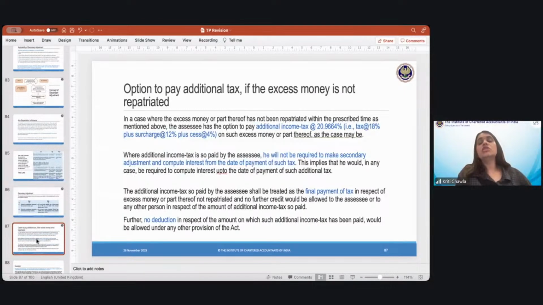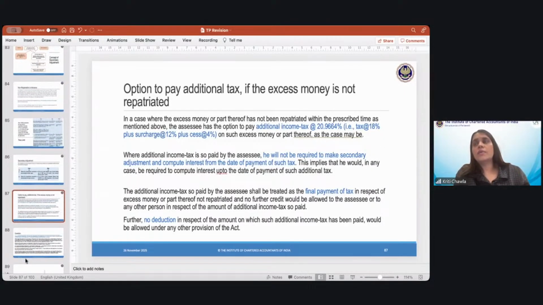But if this is not repatriated, then there is an option to pay an additional income tax at the rate of 20.9664%. And then there will be no requirement to make a secondary adjustment, and no requirement to impute interest also. This will be considered as final payment of tax, but no deduction will be allowed in respect of this particular amount.